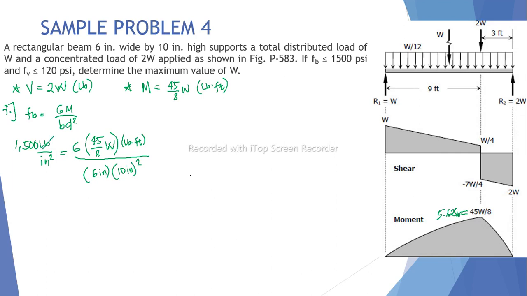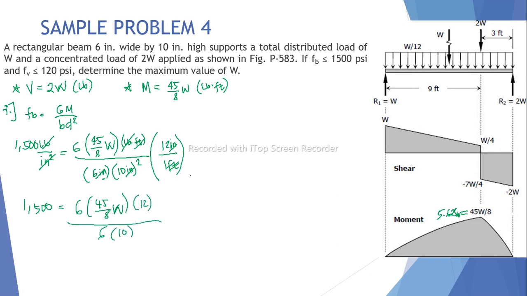The pounds on the left side cancel the pounds on the right side. The inch squared cancels too, and the remaining inch we convert to feet, using 12 inches per foot, so inch cancels and feet cancels. The only unit left is for W. So the remaining values: 1,500 is equal to 6 times 45 over 8 W times 12 over 6 times 10.